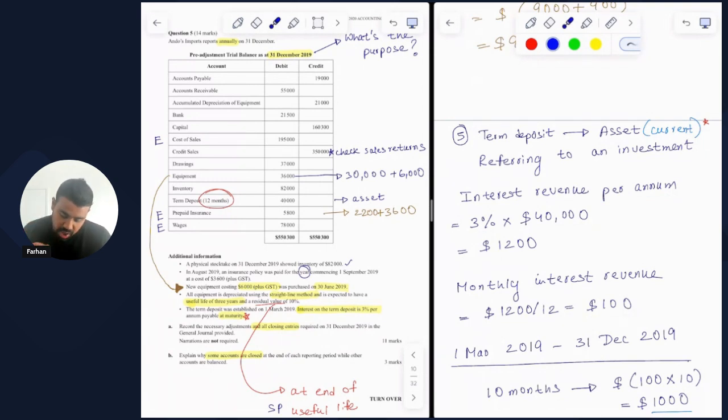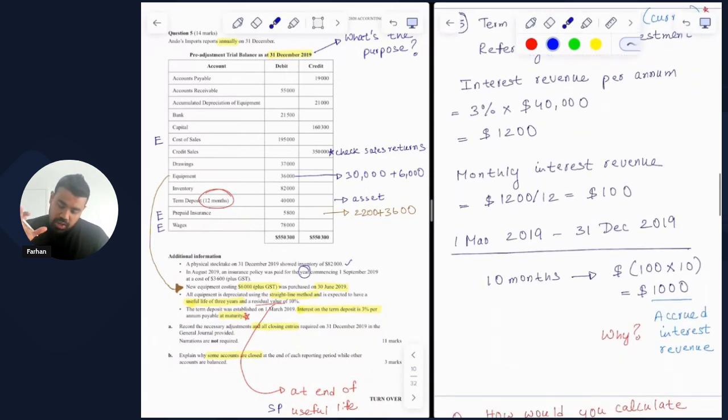Now, the question clearly mentions that this term deposit was established on 1 March 2019, and we know that this is established for 12 months, and this is going to mature next year, which is end of February 2020. So starting 1 March 2019, and it goes on for 12 months, that means it would end next year, February 2020.